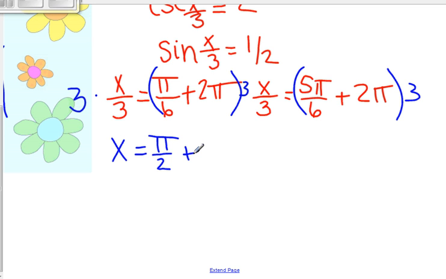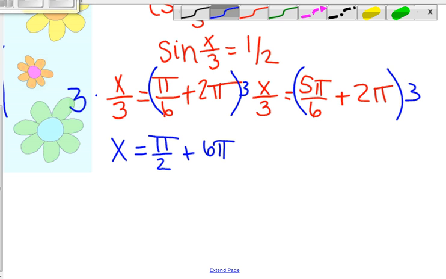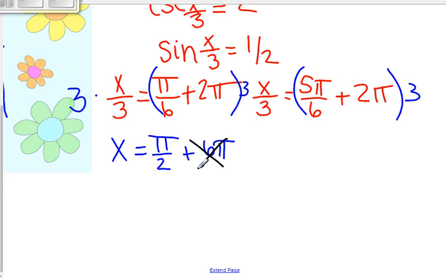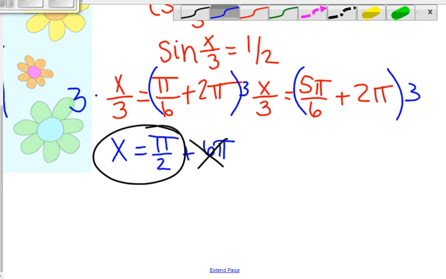plus a 6 pi. Now, if we're adding 6 pi, right, to get us around the rotation, we're definitely going to be bigger than 2 pi. So we know that pi over 2 there is going to be our only solution from that side. Okay, so let's check out what's happening here on the second one.